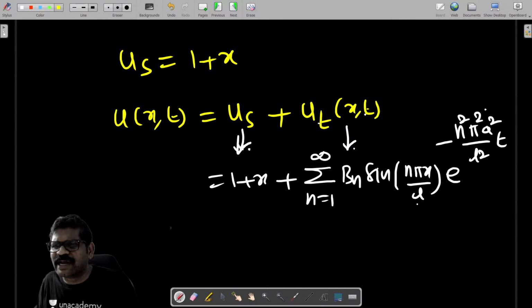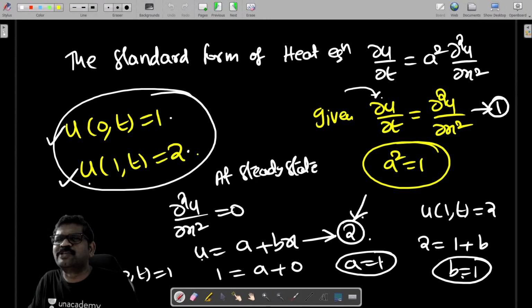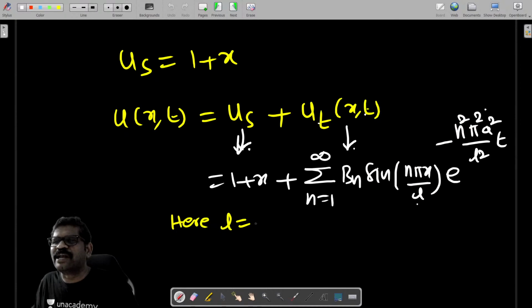In the given problem, what is the L value? Observe, x goes from 0 to 1, so L is 1. Next, the a² value is also 1.